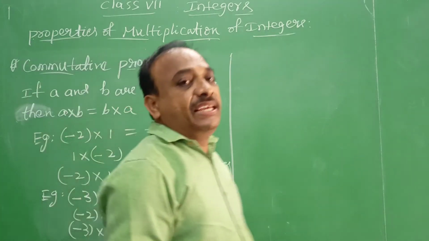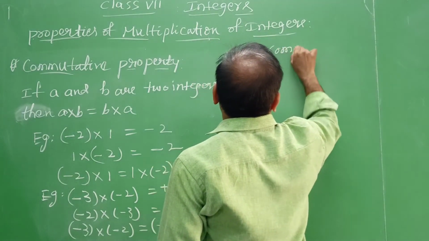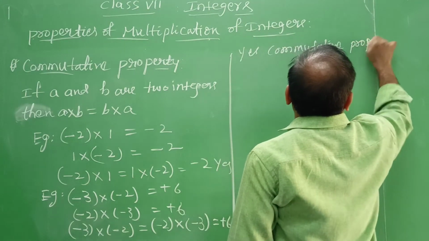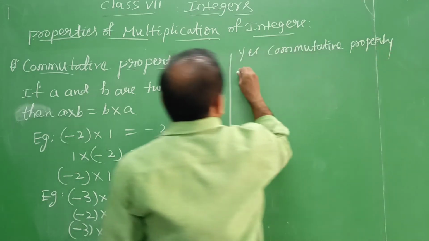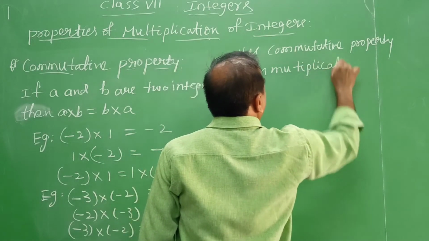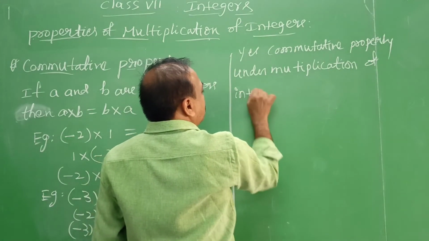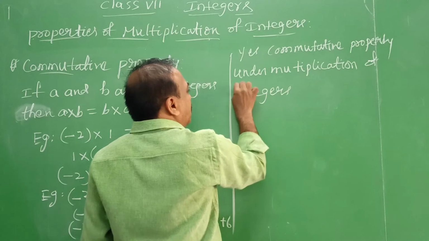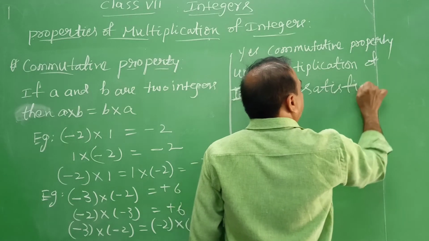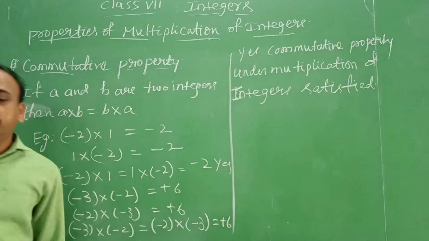Yes, commutative property under multiplication of integers satisfied. A into B is equal to B into A. I hope it is clear.